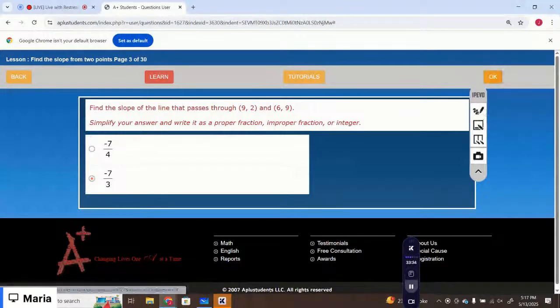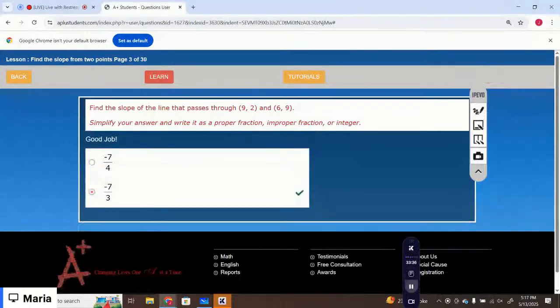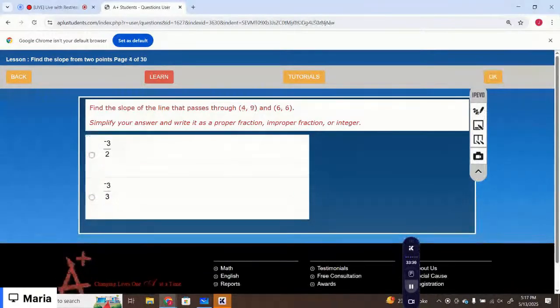Option number 2 is the correct option. Find the slope of the line that passes through 4, 9 and 6, 6. That is negative 3 by 2. Option number 1 is the correct option.